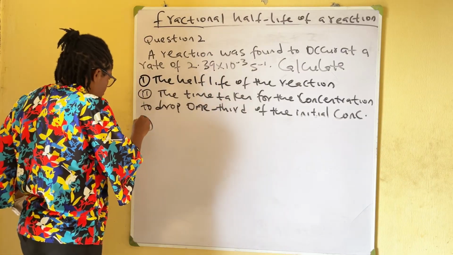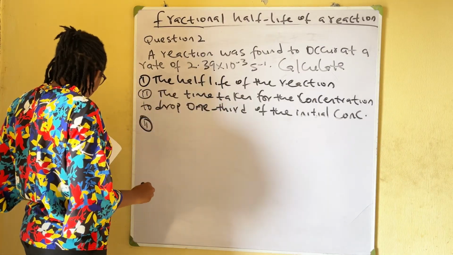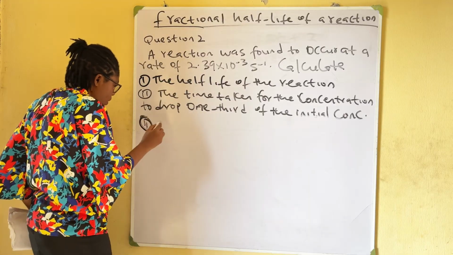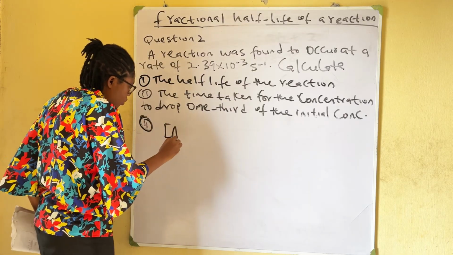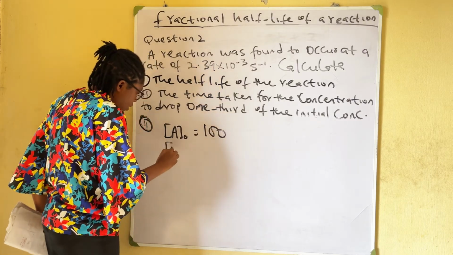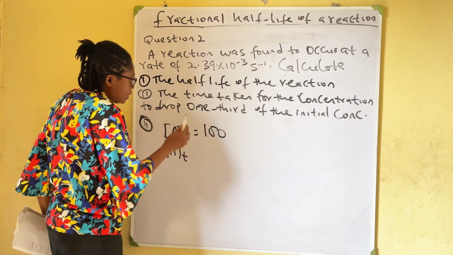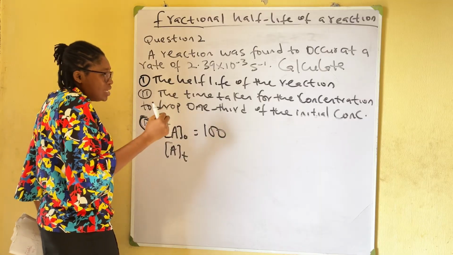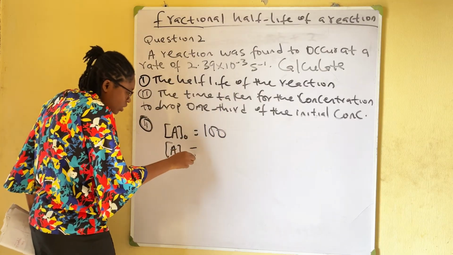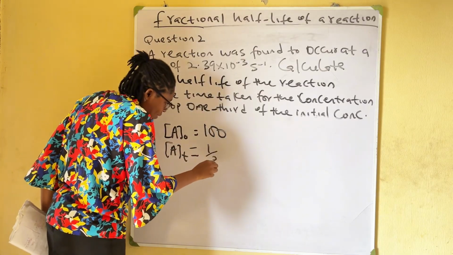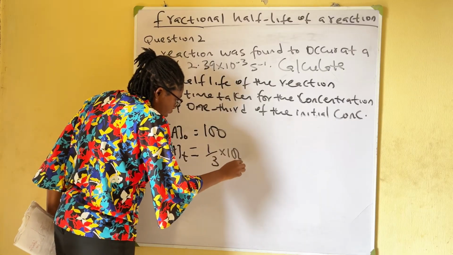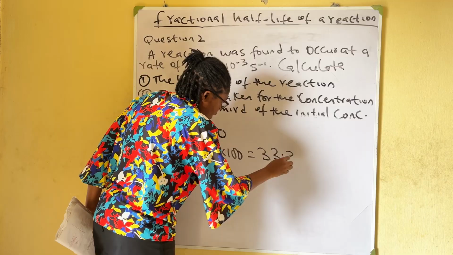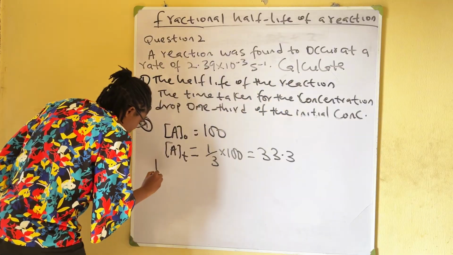So for this question, the initial concentration is 100, and 1/3 of the initial concentration will give you the one at time, that is 33.3.